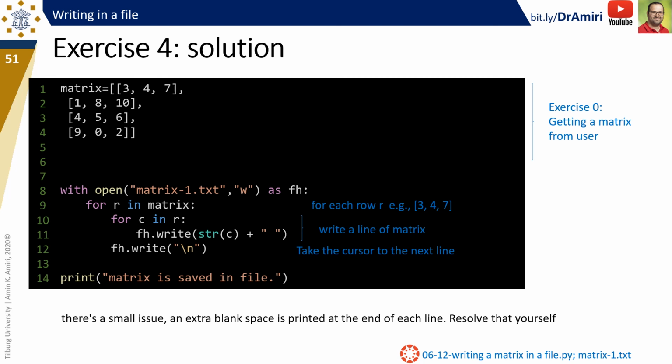I first turn them into a string and then add a blank space, and then I will write that in the file. At the end of writing a row, I don't forget to write a backslash n. You see in line 12, I write a backslash n so that the next row is written in the next line.